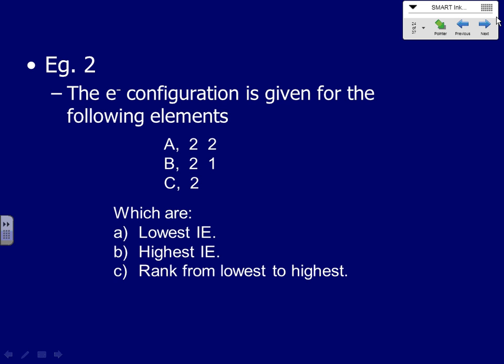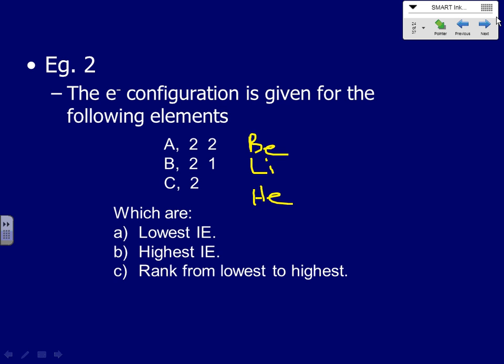Beryllium, correct. Be. So really, when I get a question like this, I'm putting it on a table so I can get a visual representation of what's happening. 2-1, lithium. And 2, helium.